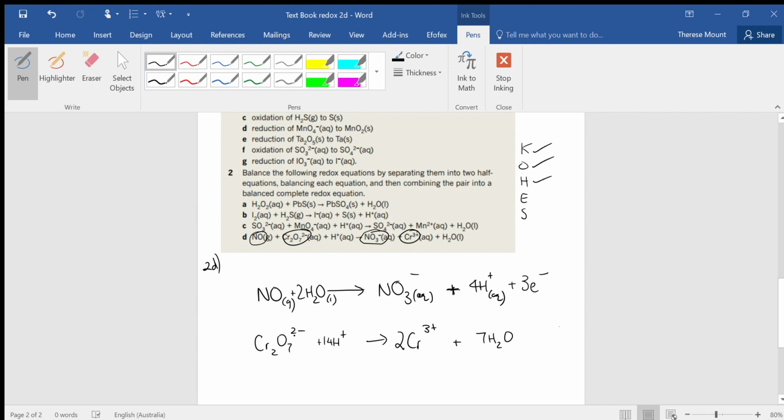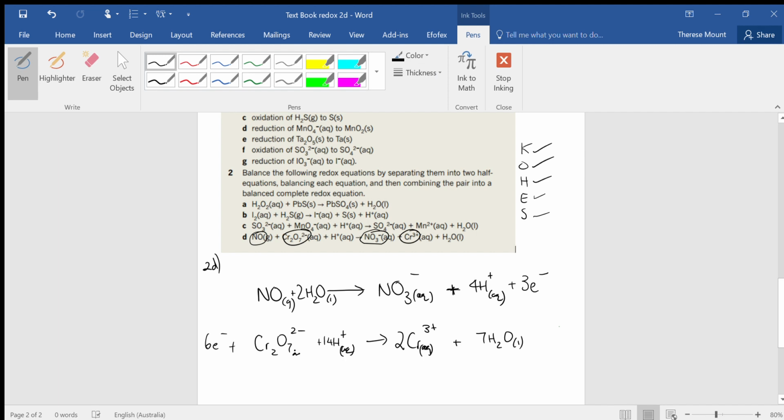Charge, now I've got 14 plus 14 here, minus 2, so that's a plus 12 on this side. On this side I've got a plus 6. So I'm going to have to add 6 electrons to balance out that charge. And my last step is just to add those states in.